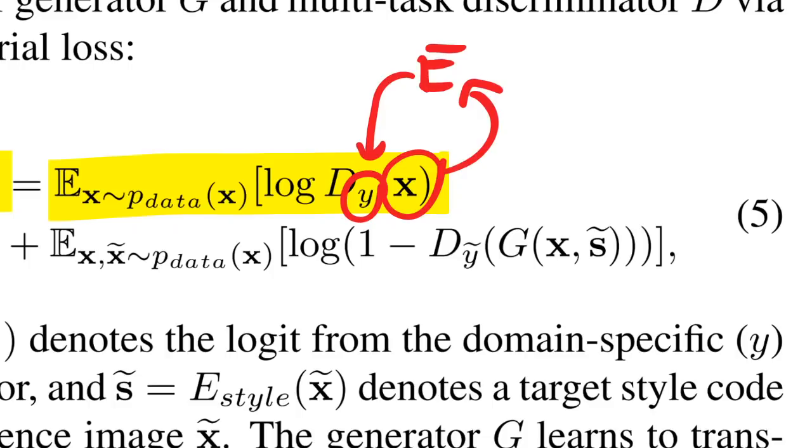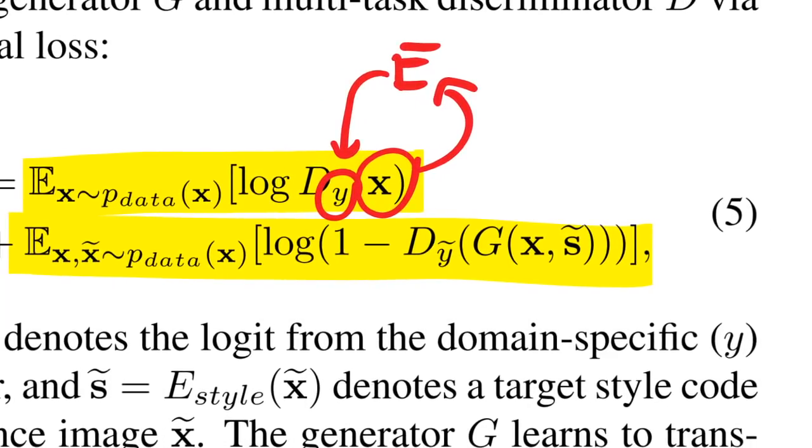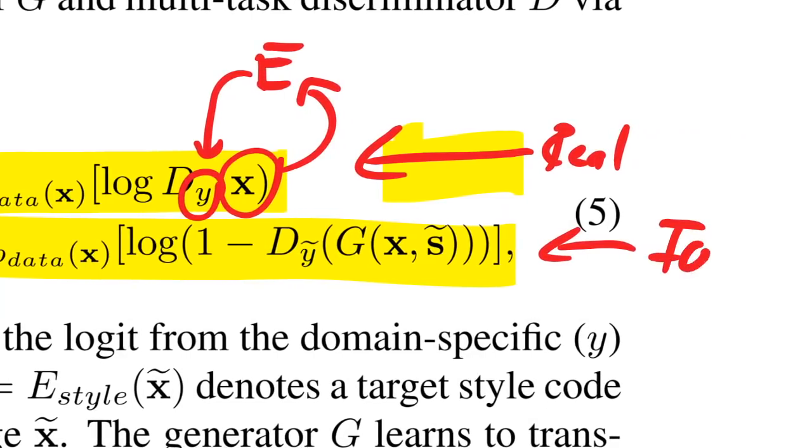At the same time that the discriminator is trying to distinguish real from fake, so these two lines, the generator is trying to fool the discriminator. So if you've never seen a GAN loss, the upper part here, that's the real data, and the bottom part here is the fake data.